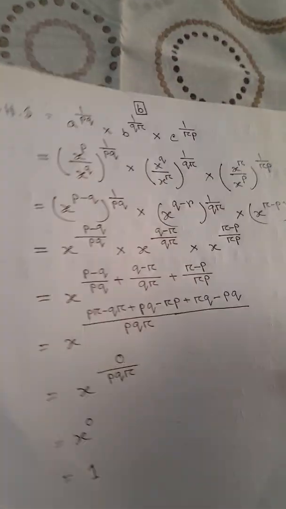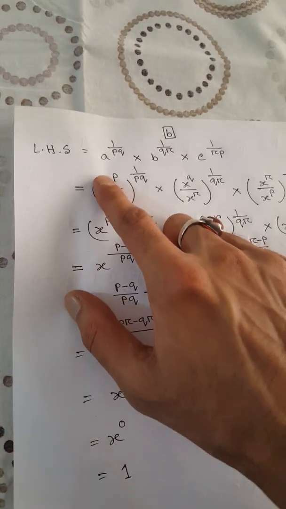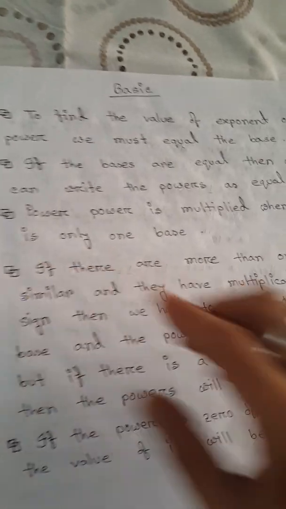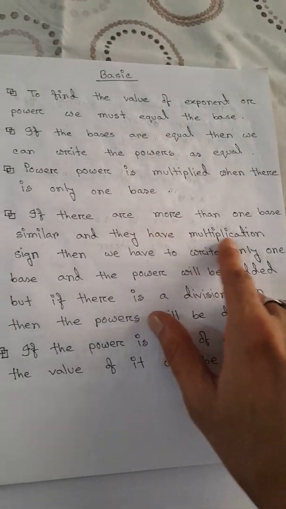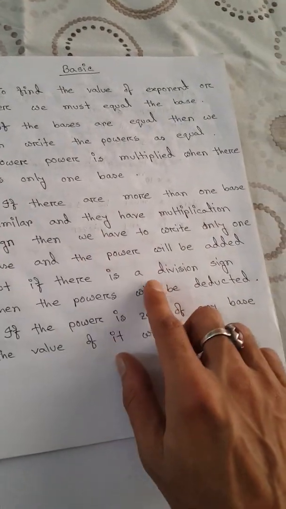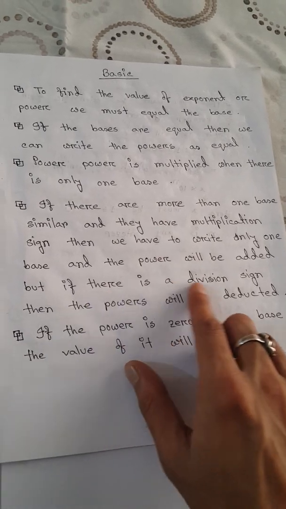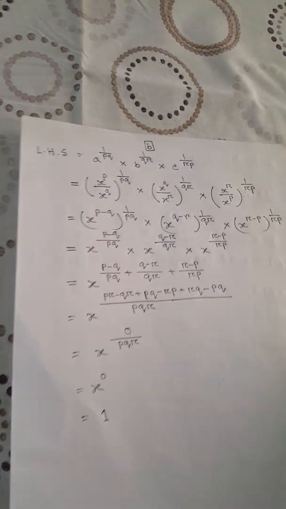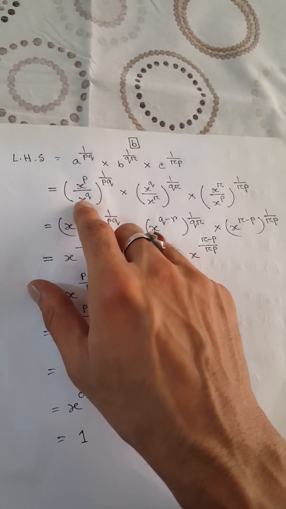So there are two bases, but here is the division sign. First we read, if there is a multiplication sign, so there is another rule. If there is a division sign, then the powers will be deducted.